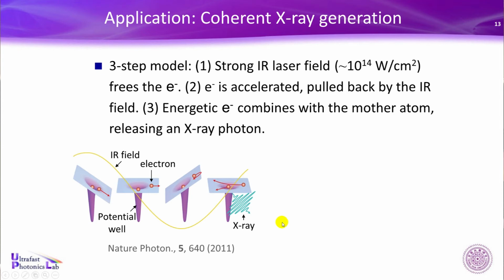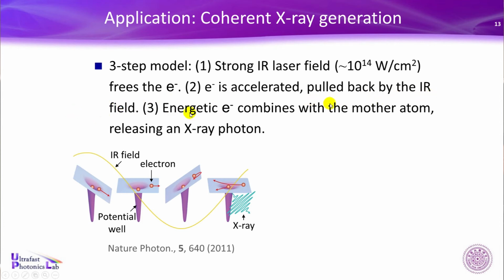This experiment was carried out by Professor Chen Mingzhang's group several years ago. If you look at the purple spectrum, you can see the cutoff, the highest photon energy, is as high as 1.6 kilo electron volt, 1600 electron volts.